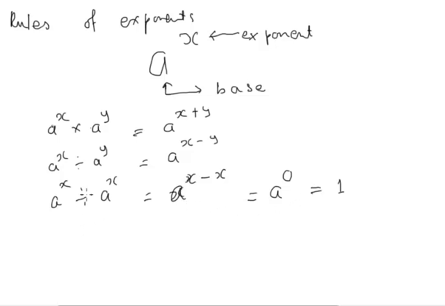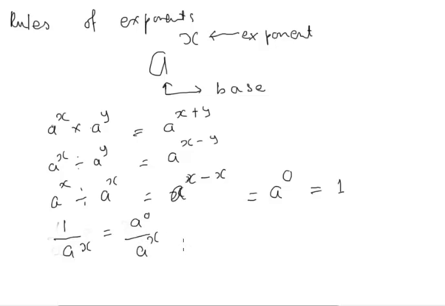Alright, so after that, we notice that 1 over a to the power x is equal to a to the power 0 over a to the power x.